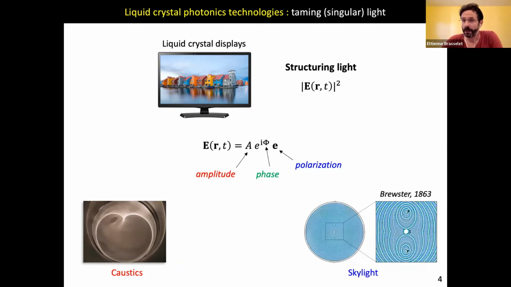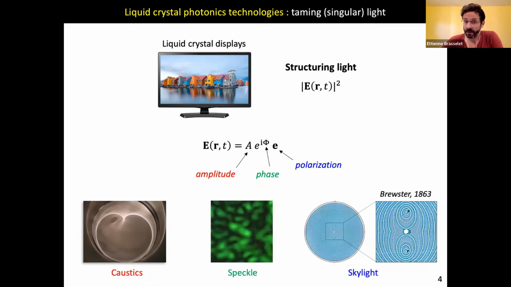Looking at the sky, looking at nature, you can also observe some structural features, topological features related this time to polarization. And this is very old physics dating from Brewster in the 19th century. And phase as well. Phase is embedded in the simple physics of a random field, a speckle field.